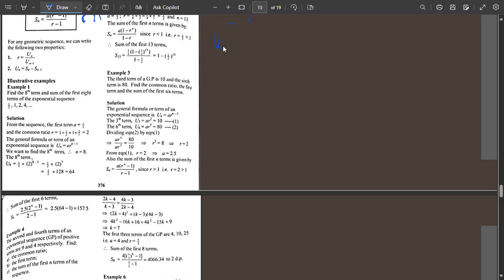So we have a GP, the third term is 10, and the sixth term is 80. Find the common ratio and the first term and the sum of the first 6 terms.